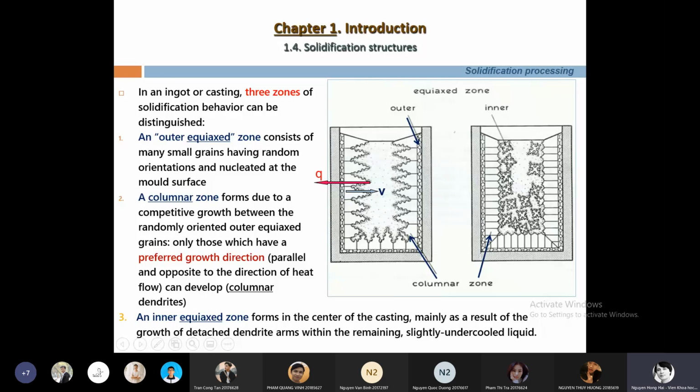They can grow in the melt, slightly in the pool.